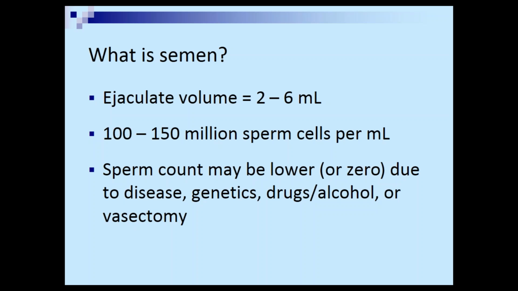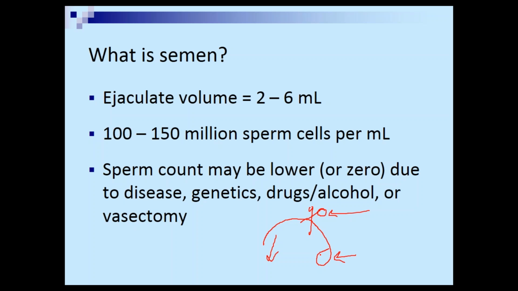However, the sperm count may be lower or zero due to disease, genetics, drugs, alcohol, or a vasectomy. For those of you not familiar with a vasectomy, I'm going to draw a slightly graphic picture here. Oh, and snip. So these are scissors here, and this is the testicle down here, and this is the business end.